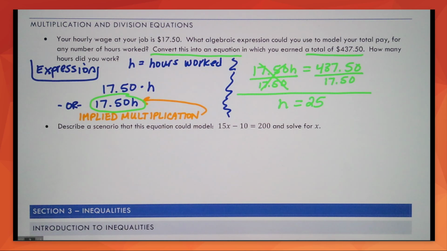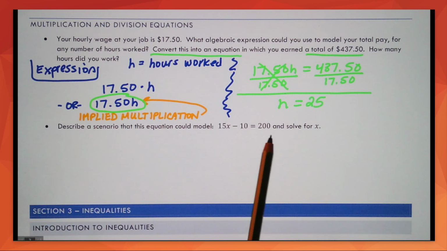It says, describe a scenario that this equation could model. 15x, or 15 times x, remember this is like implied multiplication, 15 times x minus 10 equals 200. So it's two things we have to do. One, we have to make up some kind of scenario that this could fit with.